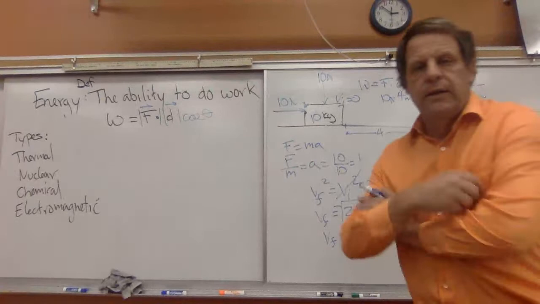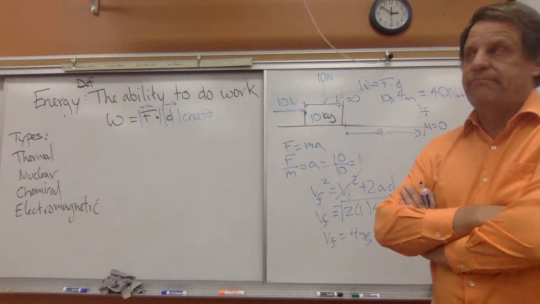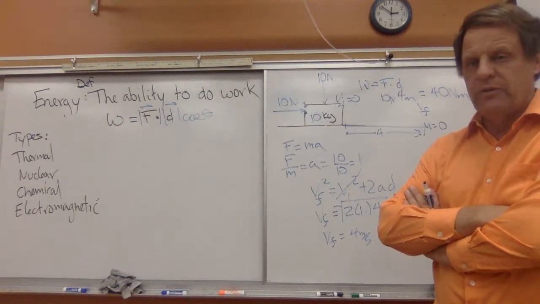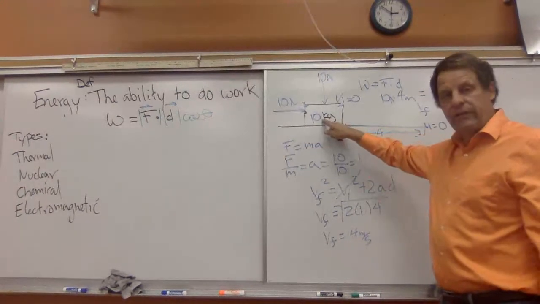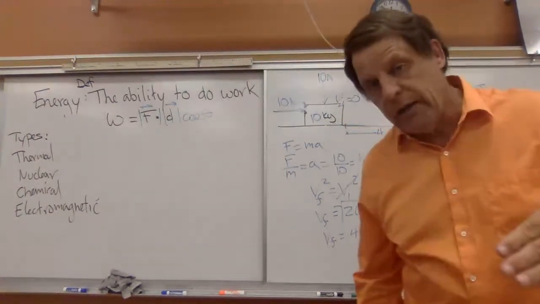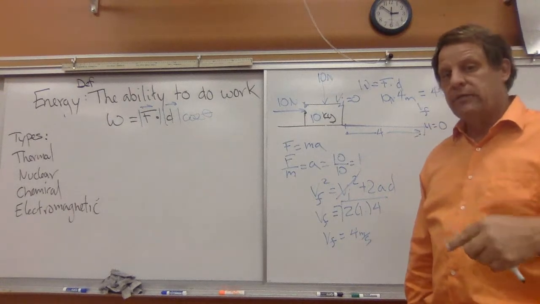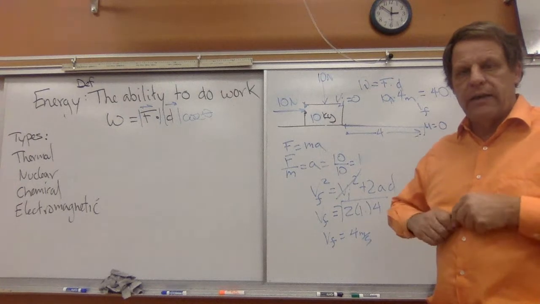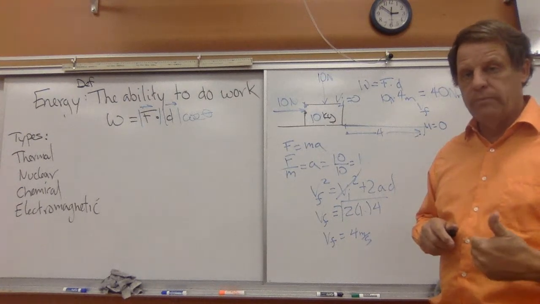The square root of 8 is going to be something just a little bit less than 3. Call it 2.8 something. Square root of 9 is 3, so this is going to be a little bit less. So we would expect, if it's heavier with the same amount of energy, it's not going to go as fast. And if it had the same amount of energy but less mass, it's going to go faster. So all of that kind of makes sense from an energy point of view.